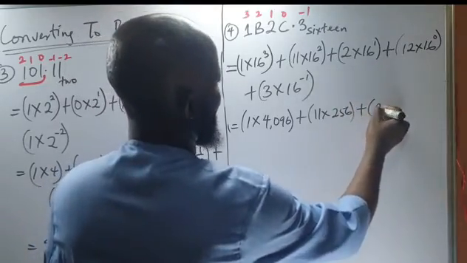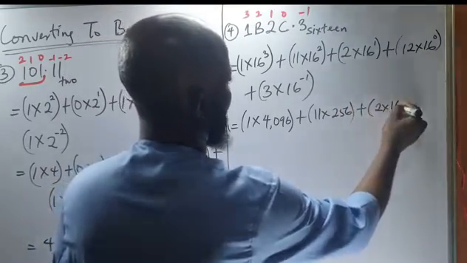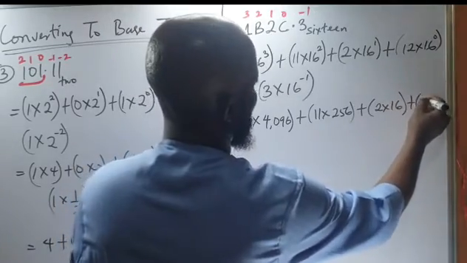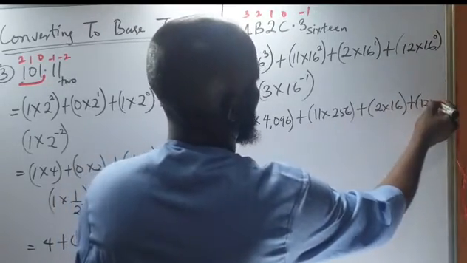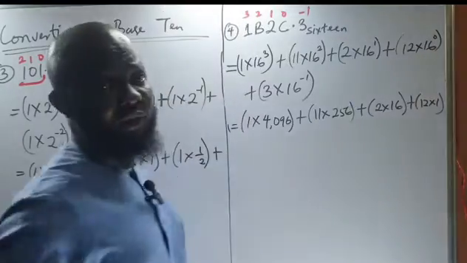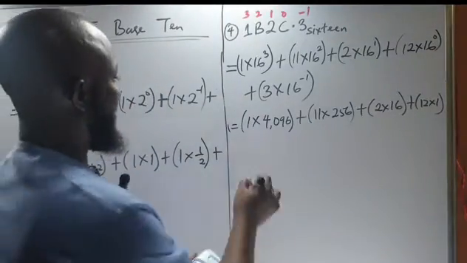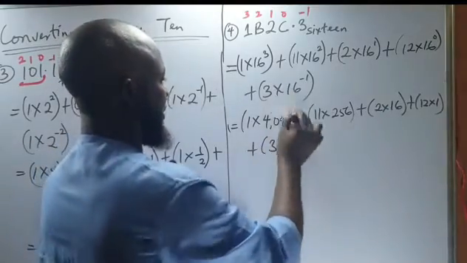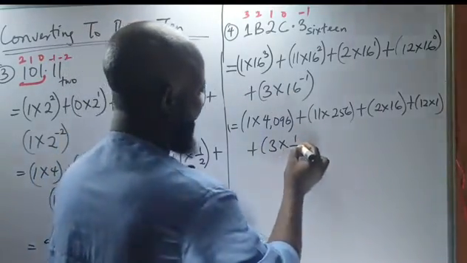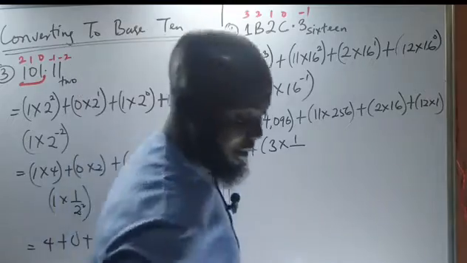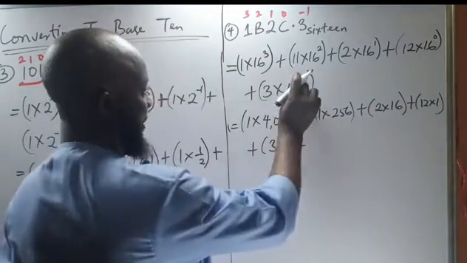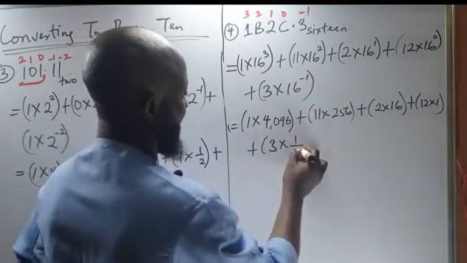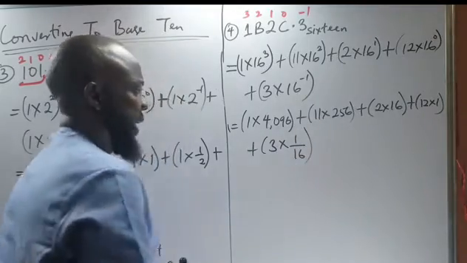Plus 2 multiplied by 16 plus 12 multiplied by 1. 16 raised by 0, that is 1, right? Plus 3 multiplied by 1 divided by the indices part, right? So the minus will change to 1 divided by 16, right?